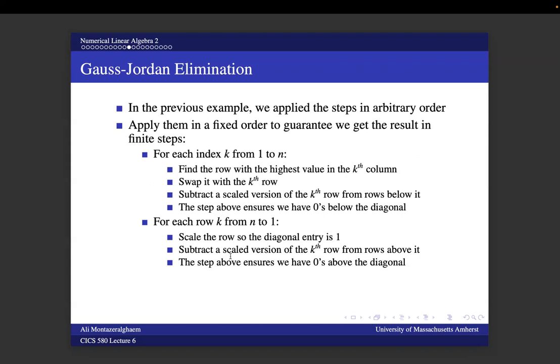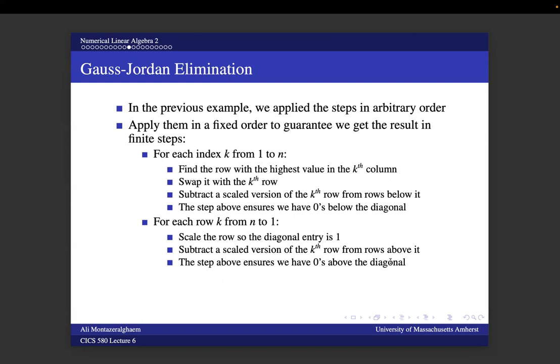And then for the second row, we scale the row to the diagonal, and 3 is the 1. And then we subtract the scaled version of the k-th row from the row above it. The step above ensures that we have 0 above the diagonal, right?